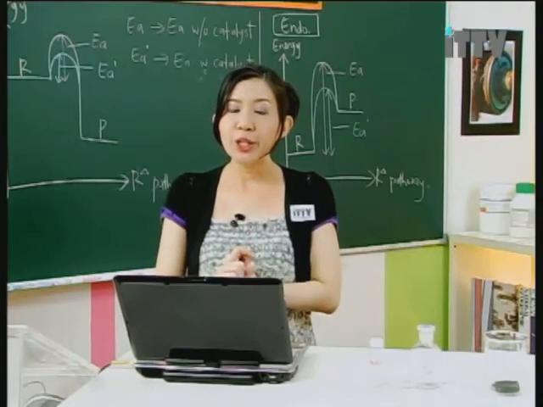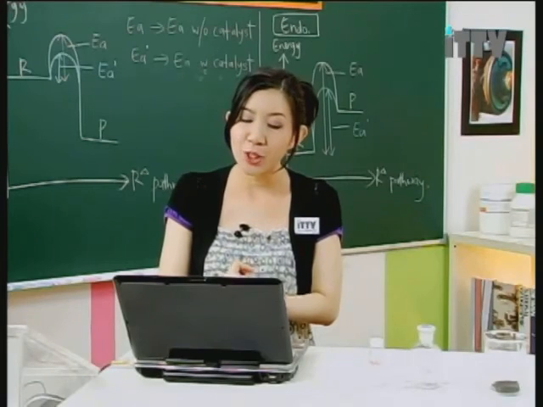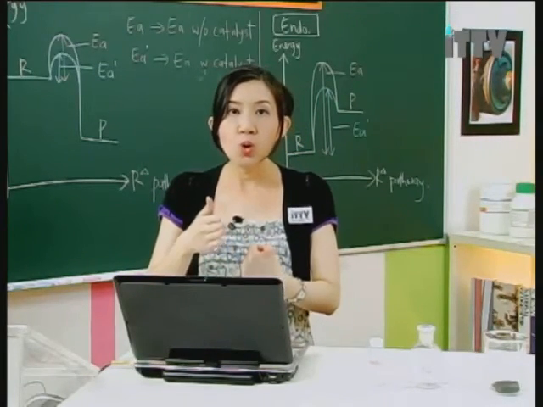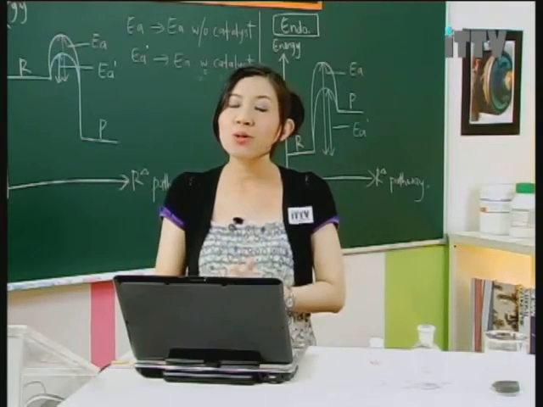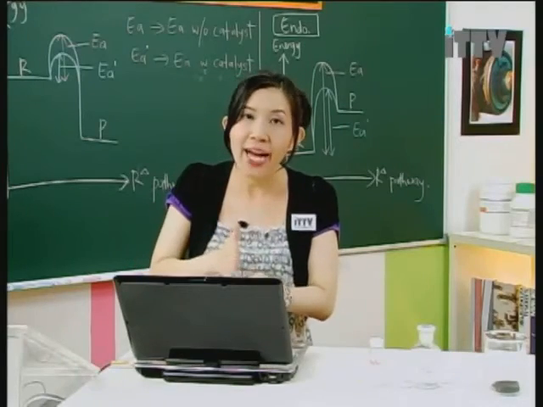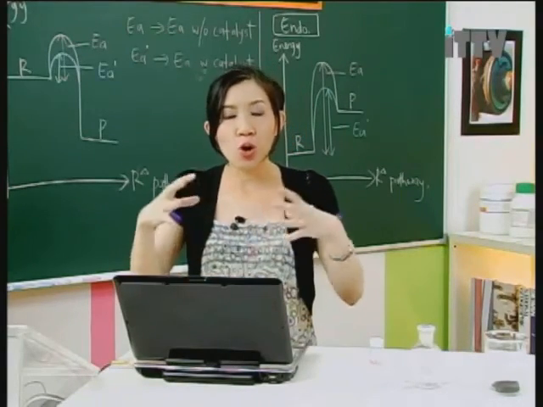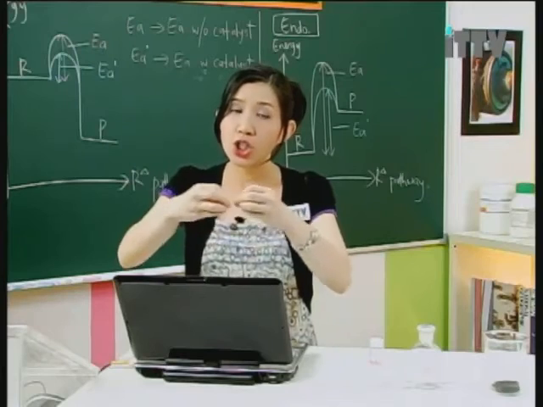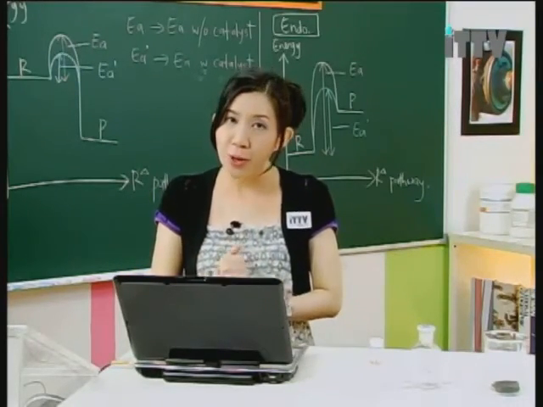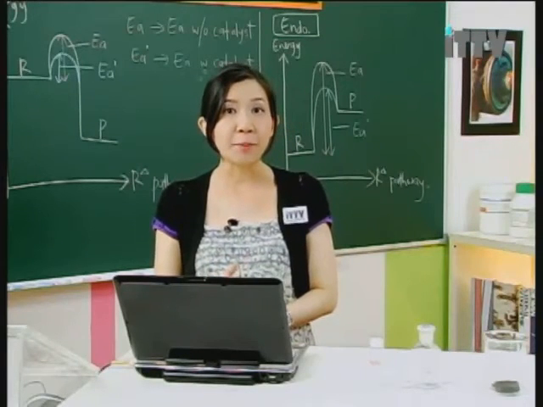So we not only use a positive catalyst, which is iron, to speed up the reaction, but we also try to increase the total surface area of the catalyst by using finely divided powder, as compared to using large chunks of iron metal, to increase the rate of production of ammonia.